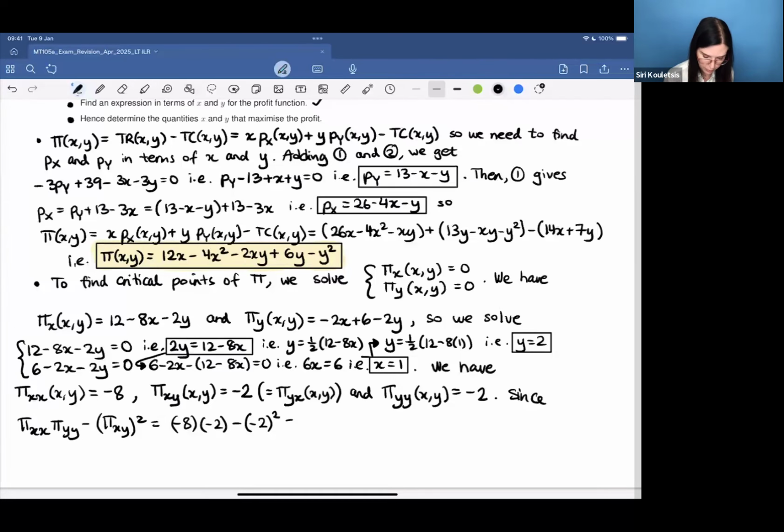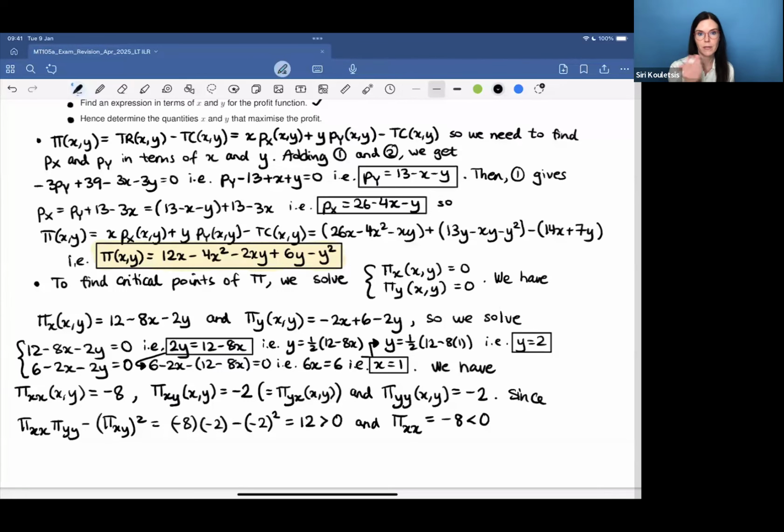And so that's 12. But what we're mostly interested in is that it's positive. Recall that if the Hessian is negative at the critical point, then it's a saddle point. Now here it's positive. In fact, it's positive for all x and y. And then we need to also state, we already worked it out, that pi xx is negative.